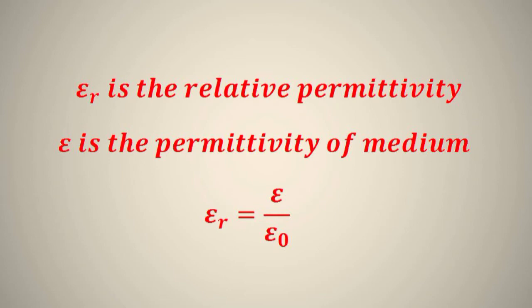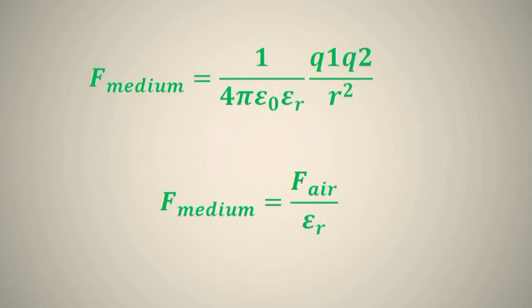Then epsilon r is equal to epsilon divided by epsilon 0. F medium is equal to 1 by 4 pi epsilon 0 into epsilon r into Q1 Q2 divided by r square. That is, F medium is equal to F air divided by epsilon r.